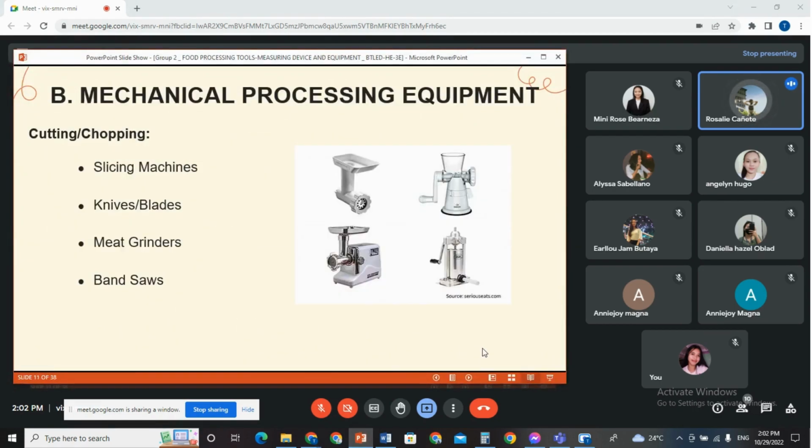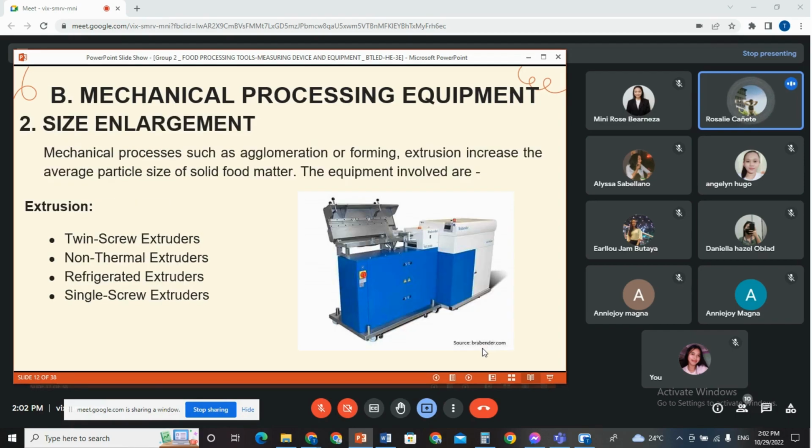The second one is cutting and chopping. The machines used for cutting and chopping are slicing machines, knives or blades, meat grinders, and band saws. Size enlargement: mechanical processes such as agglomeration or forming and extrusion increase the average particle size of solid food matter.